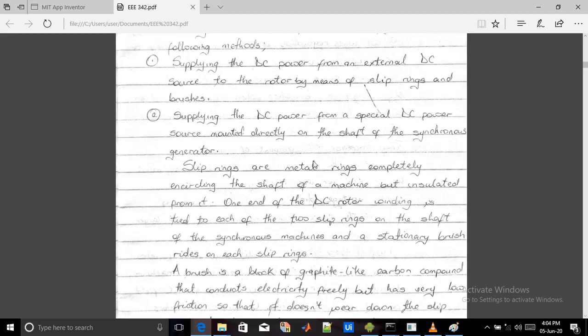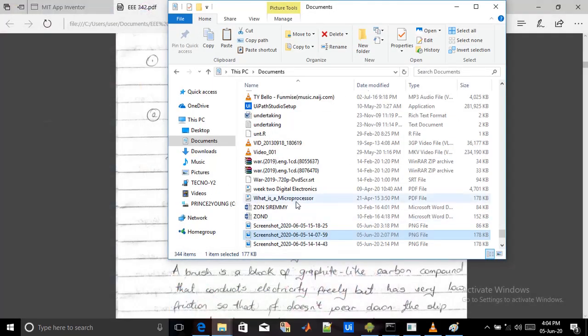Now slip rings are metal rings completely encircling the shaft of a machine but insulated from it. So now I'm going to show a picture to explain that.